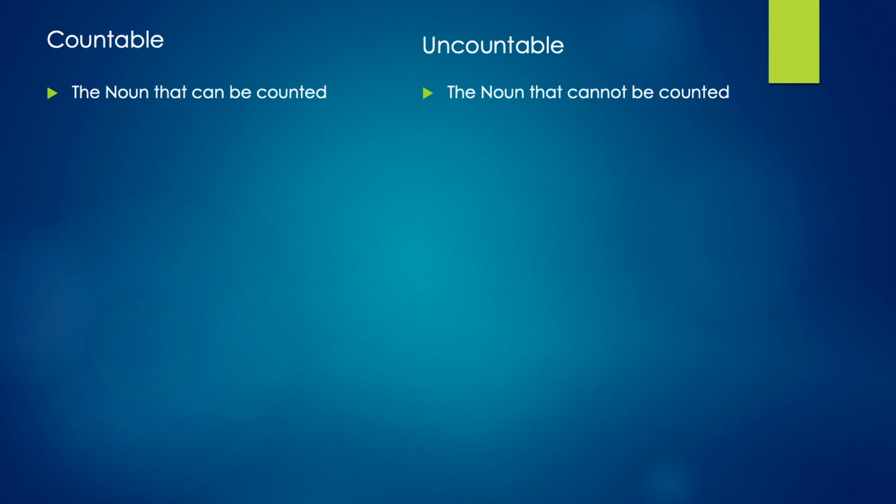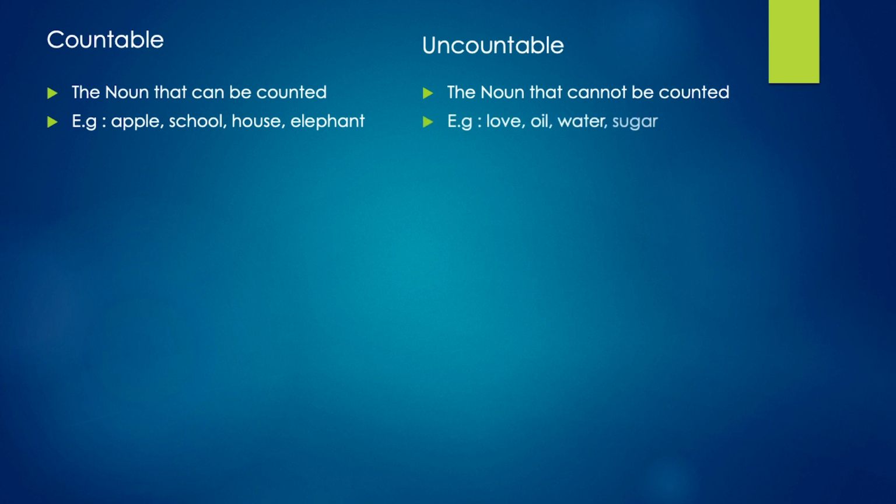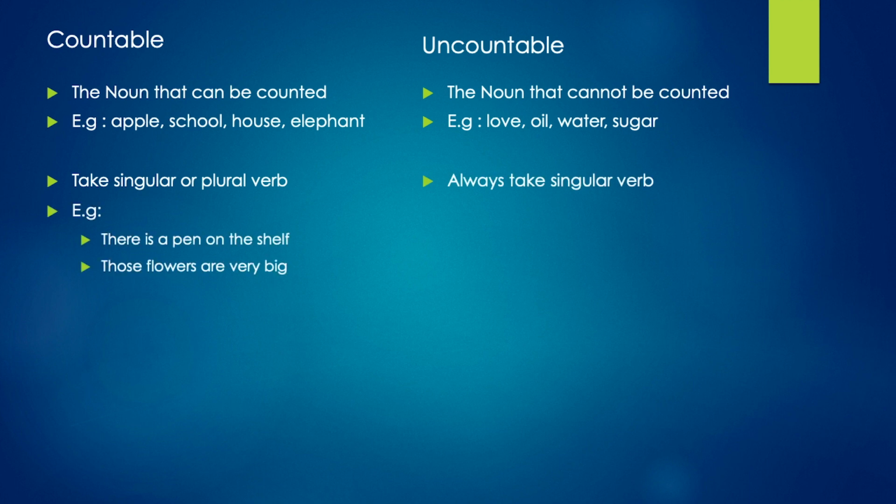The examples of countable nouns are apple, school, house, elephant, etc. And the examples of uncountable nouns are love, oil, water, sugar, etc. The countable nouns can take singular or plural verbs. Let us take an example. There is a pen on the shelf. In this sentence, the noun pen is countable and it takes a singular verb.